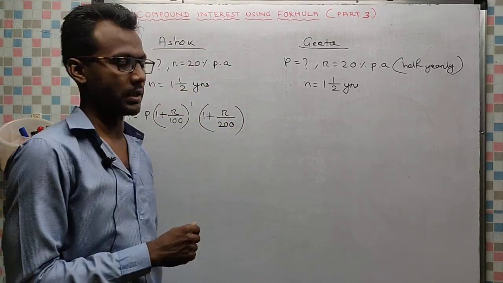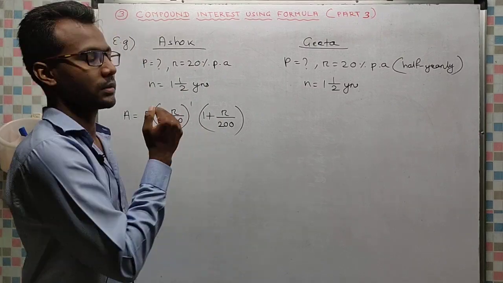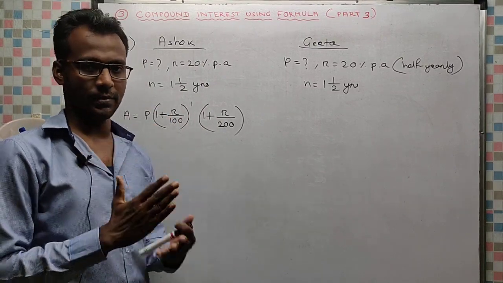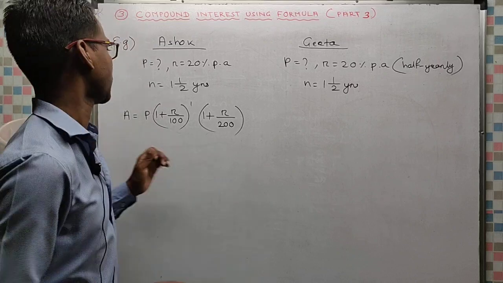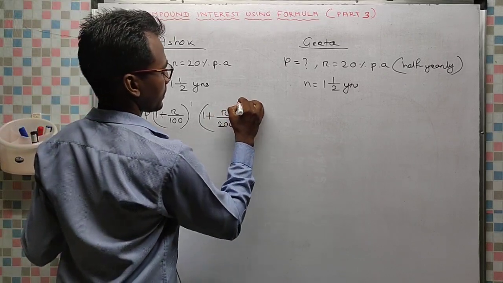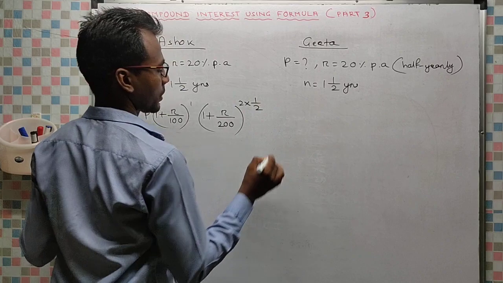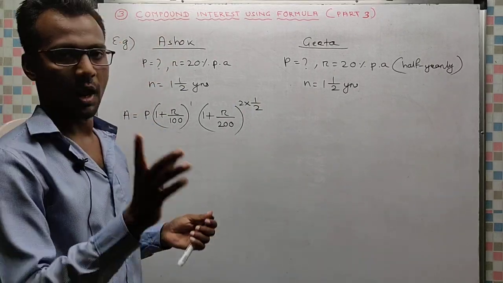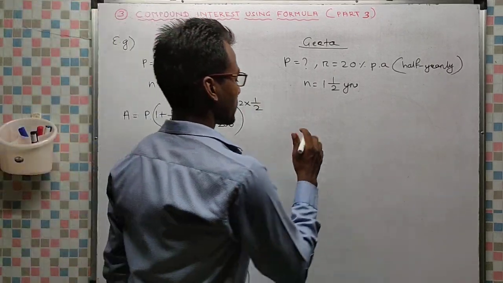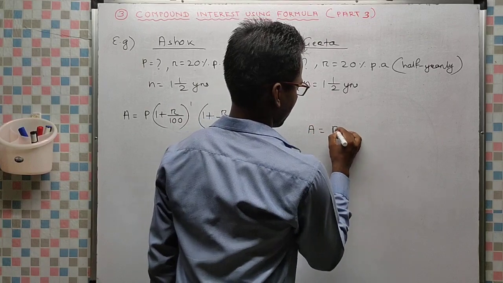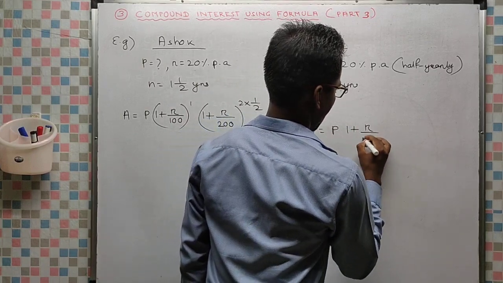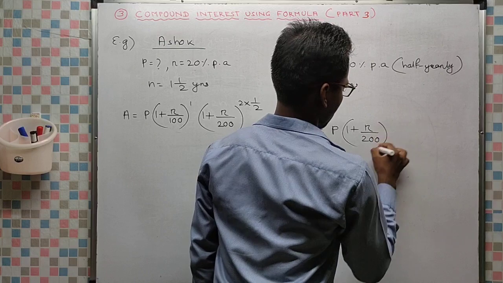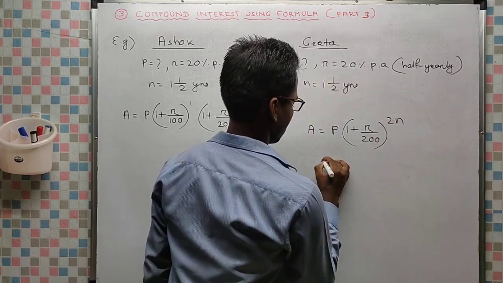Although it is not half yearly, since the time has been decreased to half year, the rate will be half, and 2 into 1 by 2, because the formula for half yearly is amount is equal to P into 1 plus R by 200 power 2n.